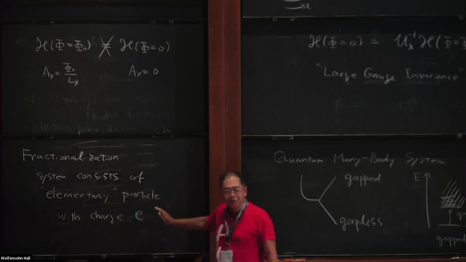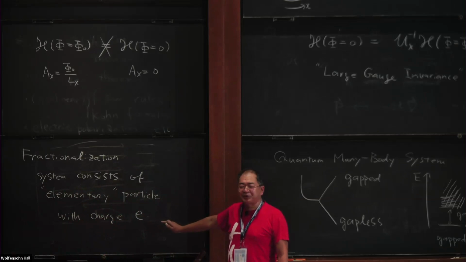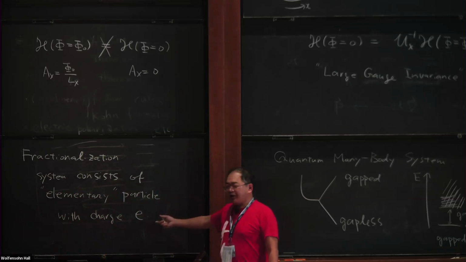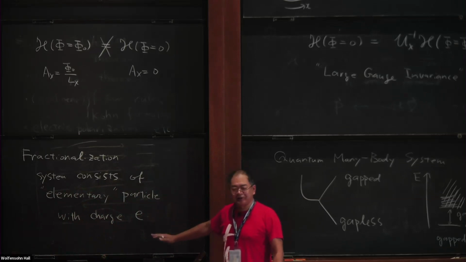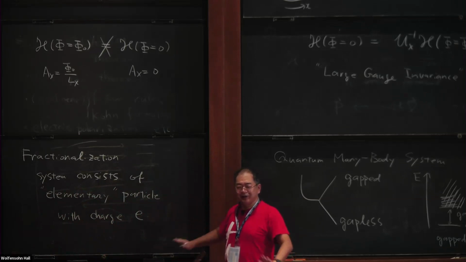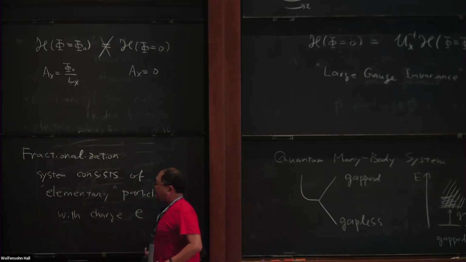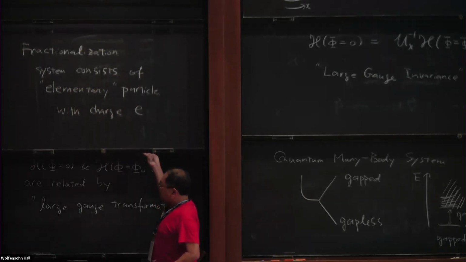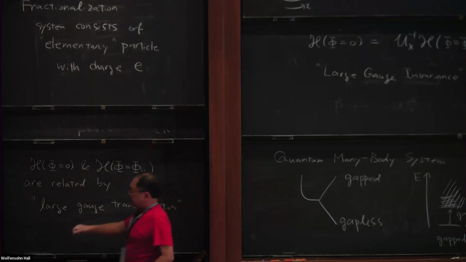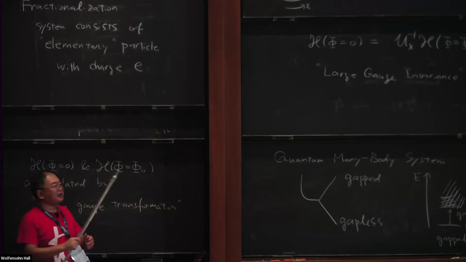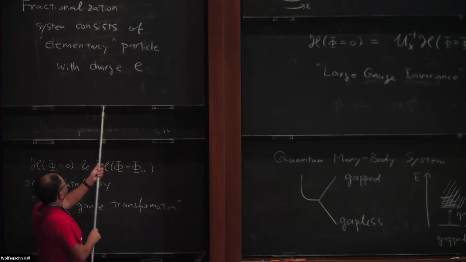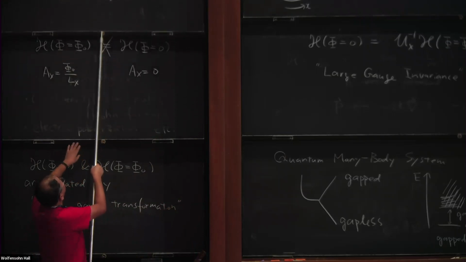And there is no microscopic element which has fractions of this charge. This is the unit charge for every microscopic constituent. But still, you may have elemental excitations, collective excitations of many particles, which have fractions of this charge.